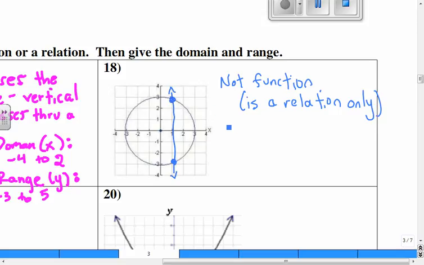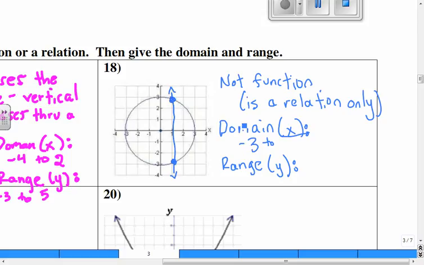Even though it's only a relation, we can still figure out the domain and range. Our domain are our x values. The smallest our x value can be is -3, and the largest our x value can be is 3.